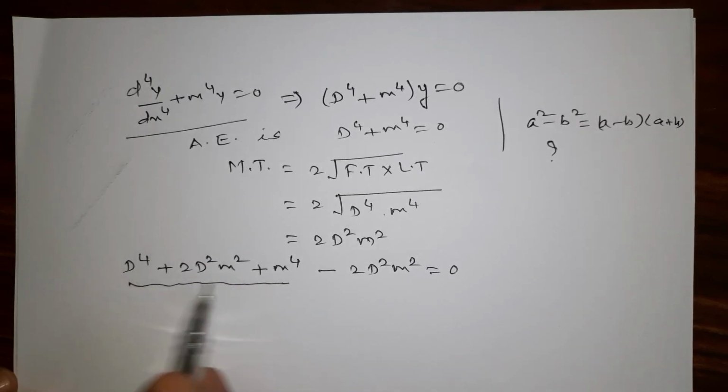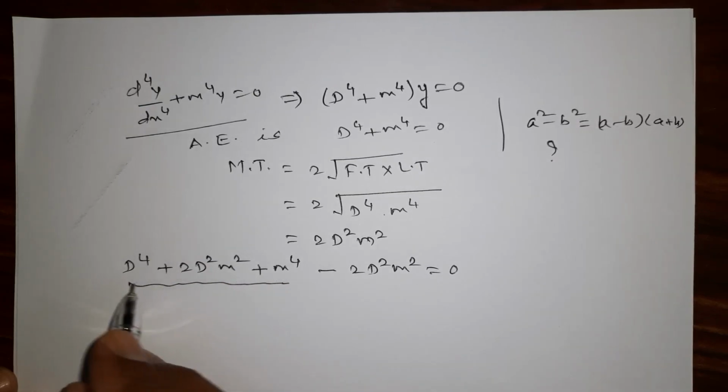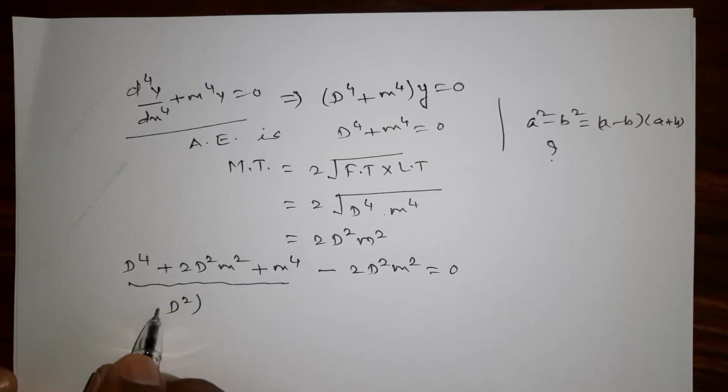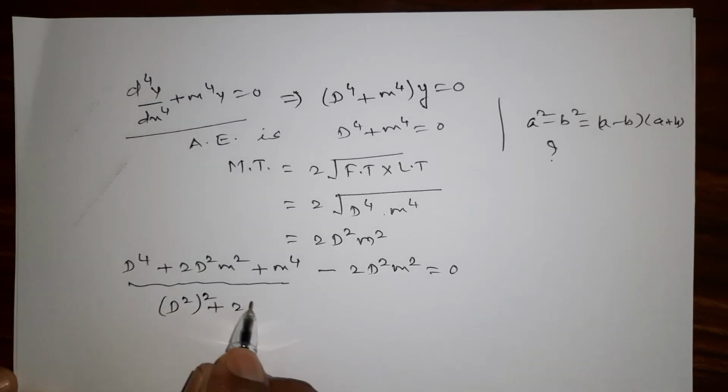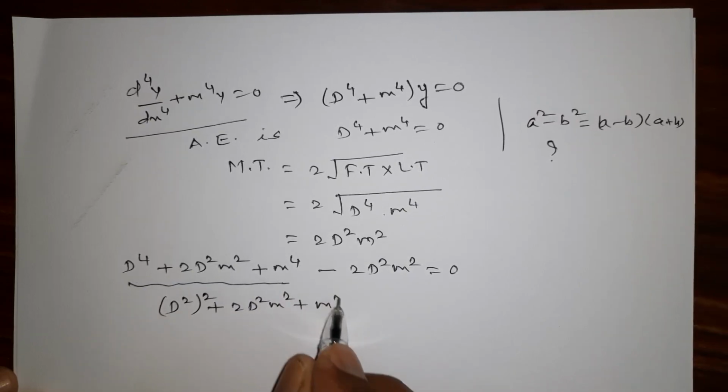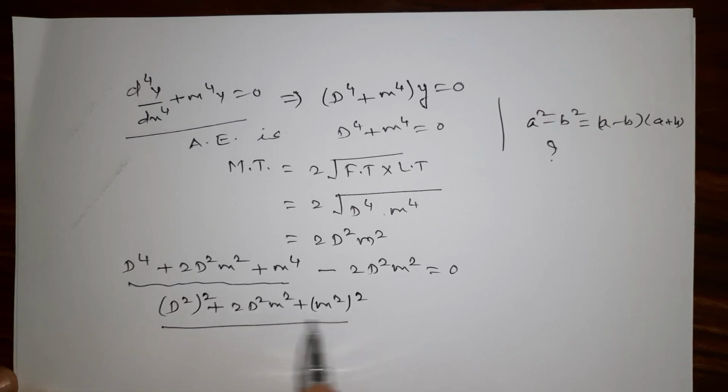You can see it is a perfect square: d square bracket square, d raised to 4 means d square bracket square, plus 2d square m square, and this I can write as m square bracket square. Minus this 2, I can write root 2 dm bracket square is equal to 0.